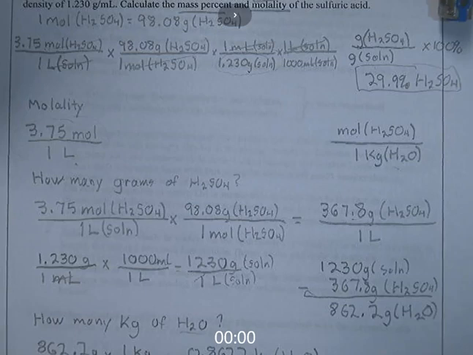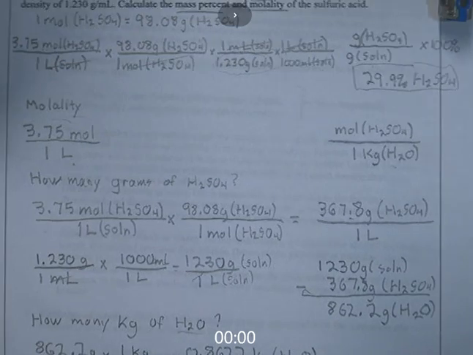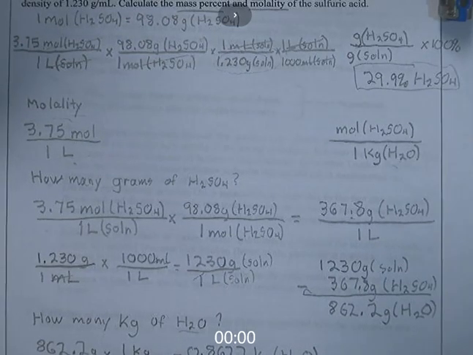The liters cancel out, and you end up with 3.75 divided by 0.8622, and that answer turns out to be 4.35 moles per kilogram, or molal, small m. And that's your final answer.